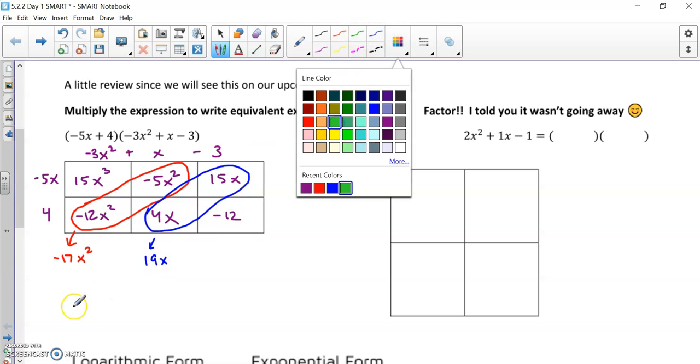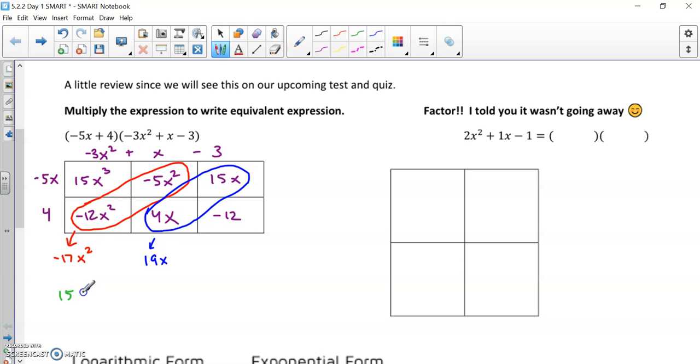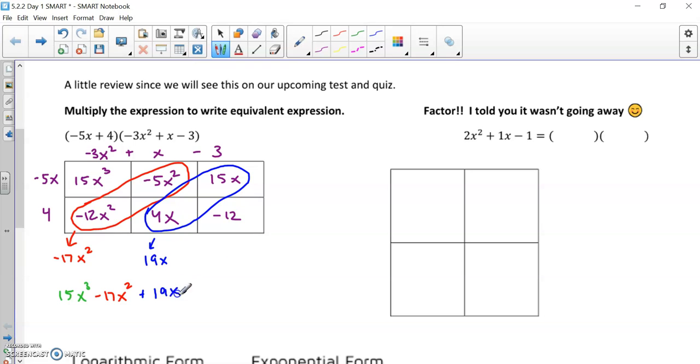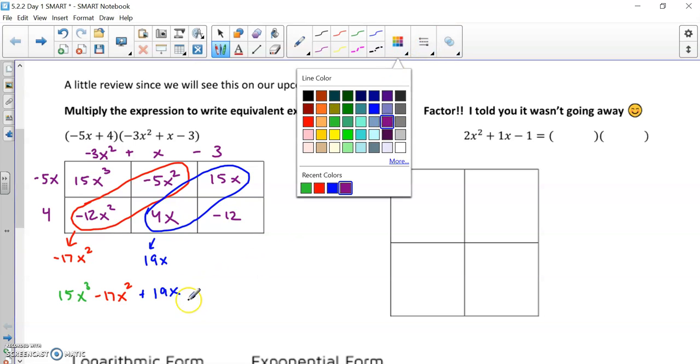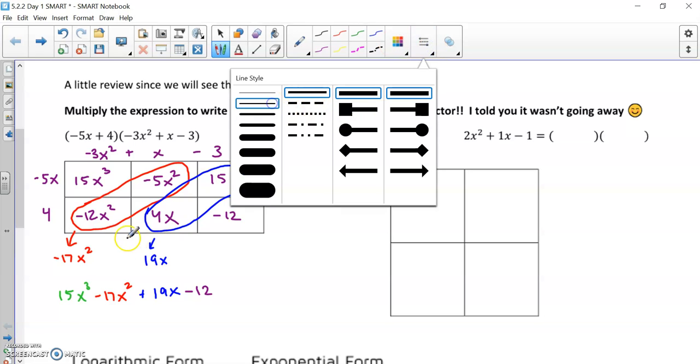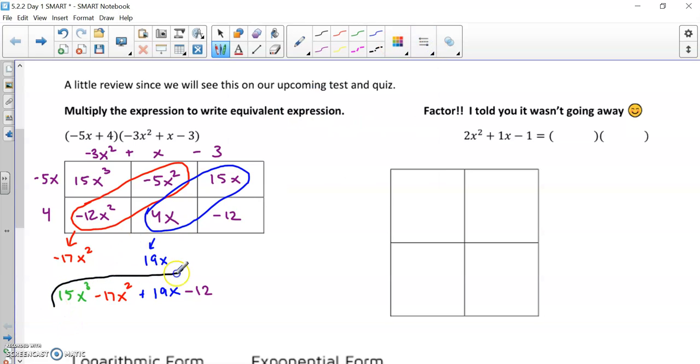So we end up with 15x cubed minus 17x squared plus 19x minus 12. All right, and that is our final simplified answer.